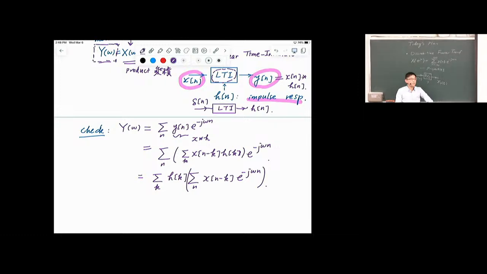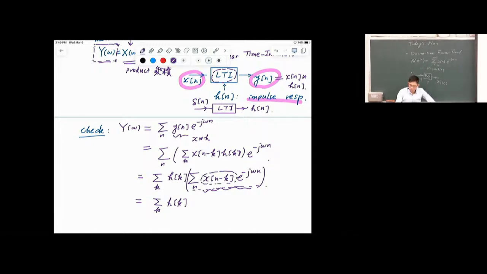So far so good. Changing the order, a good old trick that we have been using. Then what's next? Then we can apply the shift theorem, right? It's the most natural thing to do next. The shift theorem tells us that this is taking the Fourier transform of a signal shifted to the right by k samples, k being an integer.